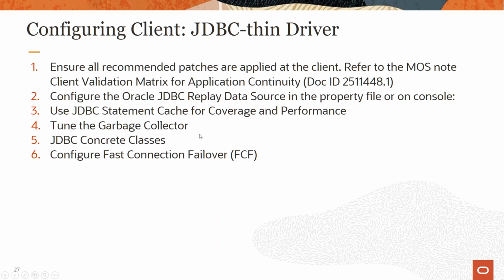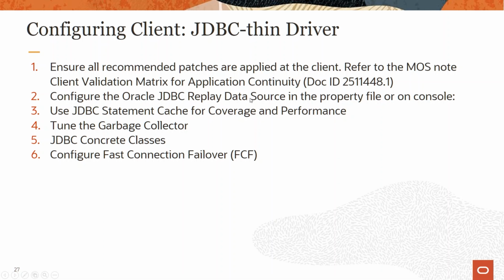JDBC-thin driver: ensure all recommended patches are applied at the client, and review the support note for application continuity. So how to enable application continuity? Configure the Oracle JDBC replay data source.